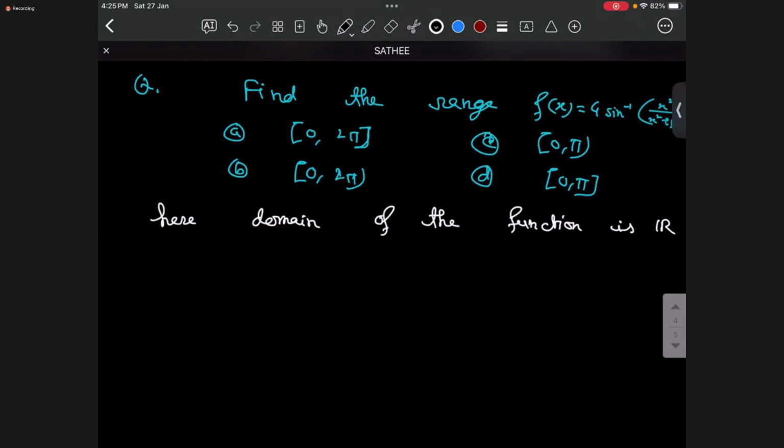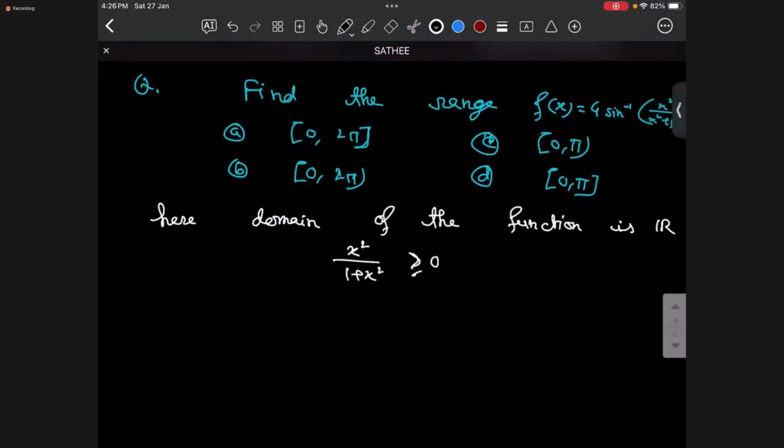We can see that first the function computes x square by x square plus 1, then we put in the sine inverse. Now this expression must be greater than or equal to 0 for any positive or negative value of x.